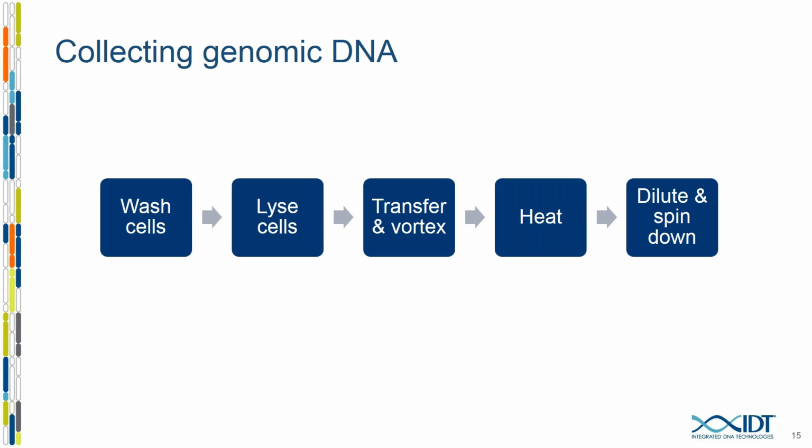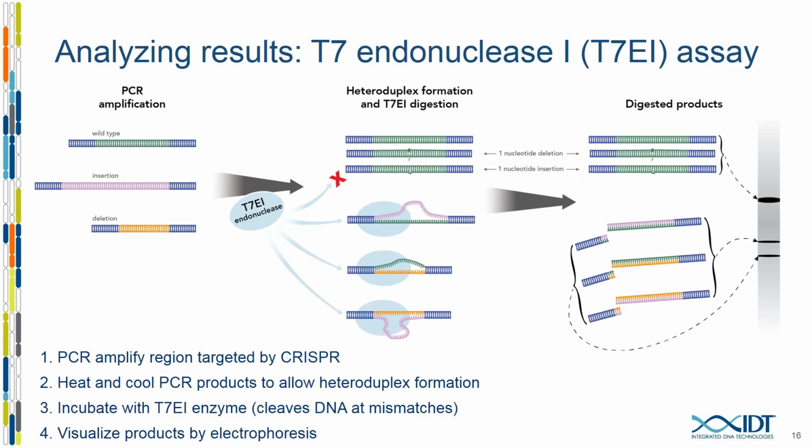We use the QuickExtract solution, and we transfer them to a new container and vortex that material before heating them and doing a final dilution and spin down step. So at that point, you're ready to go with your genomic DNA, and you can move on to analyzing those samples and looking for those CRISPR edits.